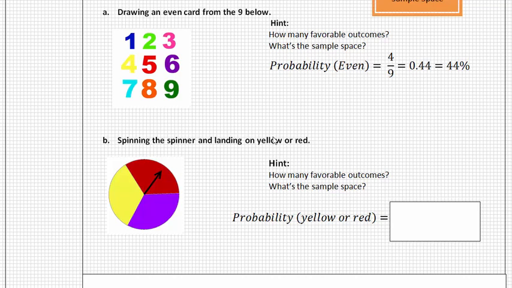So now we have 2 possible colors that we're looking for. So again, we want to determine how many are favorable outcomes. In this case, what would it be for yellow and red? And what's the sample space? What are the total number of outcomes? Go ahead and see if you can answer that, pausing the video if you need to, and then we'll compare.